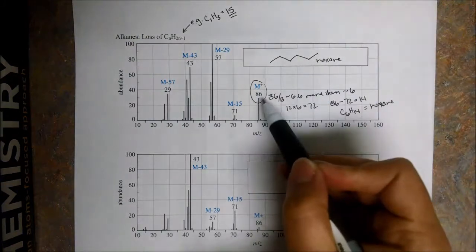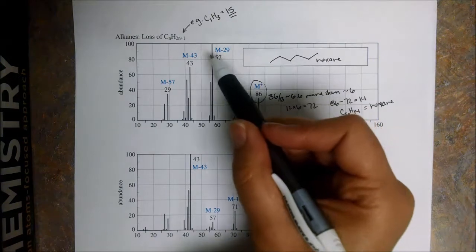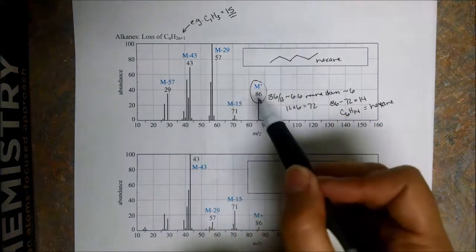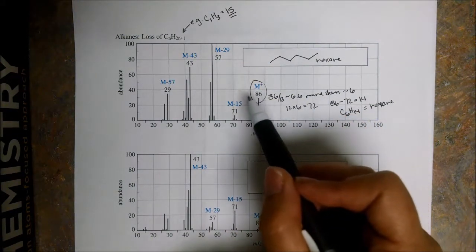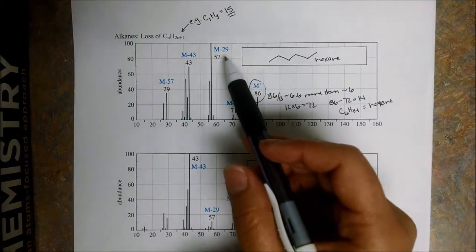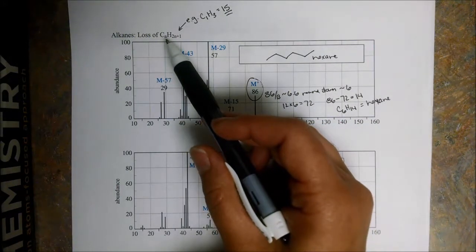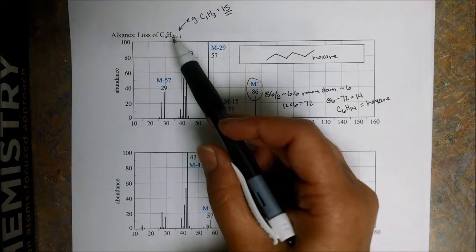Okay, so here we've lost 15 mass units, here we've lost 29, 43, and 57. Notice how they go in around loss of 15, but then 29 here, where we've lost 2 carbons, because if we use the same formula, CnH2n+1, that would be how many hydrogens?